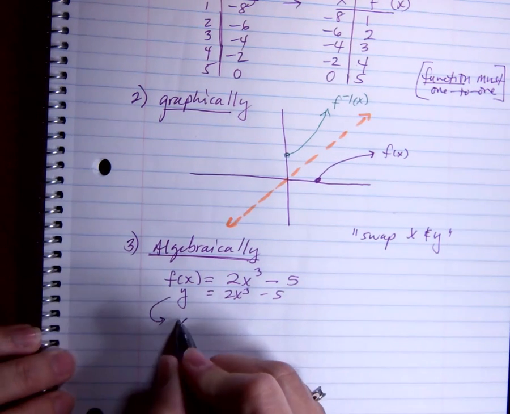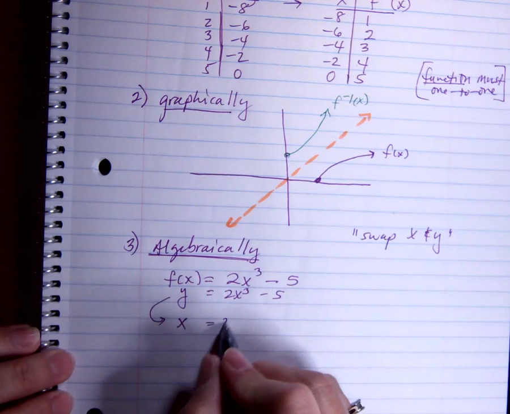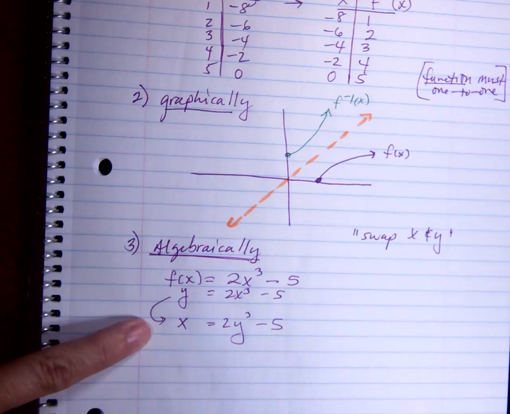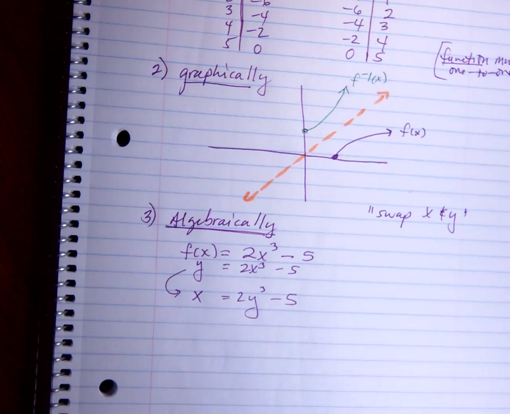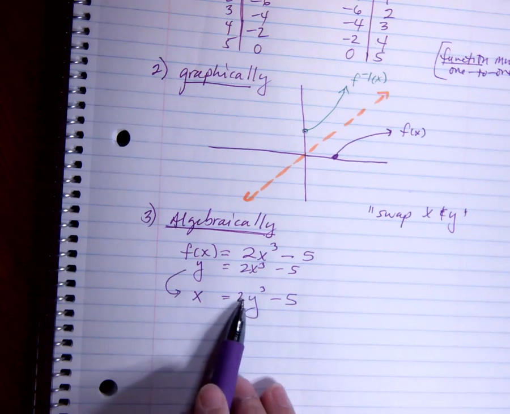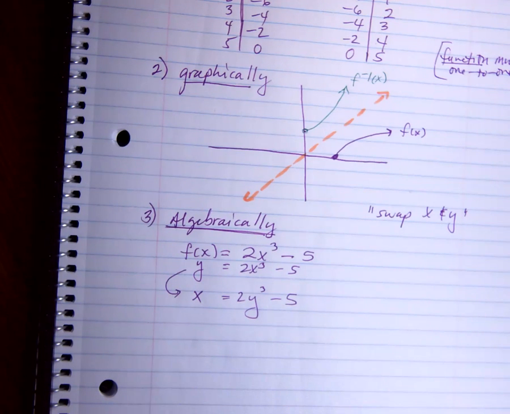So I'll come down here and this will become x, this will become y. And this really is the inverse. But we don't use it this way. What we want to do is resolve it for y. Because when we solve it for y, we physically have to undo all these operations to get y by itself, which forces us to undo them in the correct order.